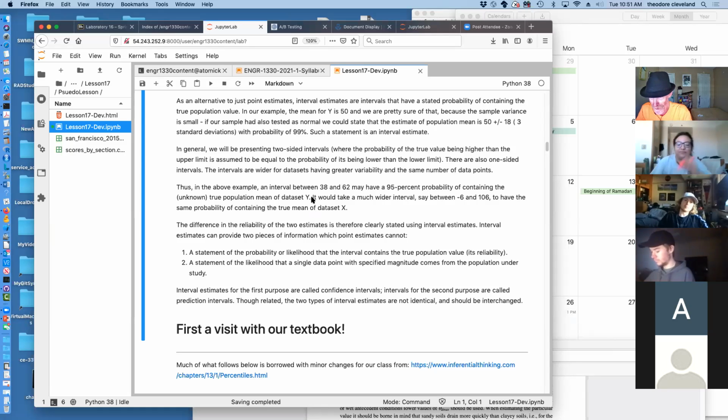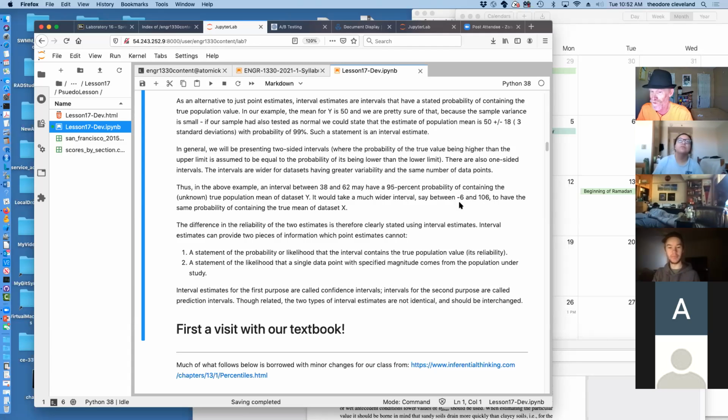So in the above example, the interval between 38 and 62 would have a 95% probability of containing the unknown true population mean of data set Y. It would take a much greater interval, say between -6 and 106, to have the same probability of containing the true mean of data set X. And notice the interval in those high variability cases, because we have the God mode, we actually created the process that generated the data.